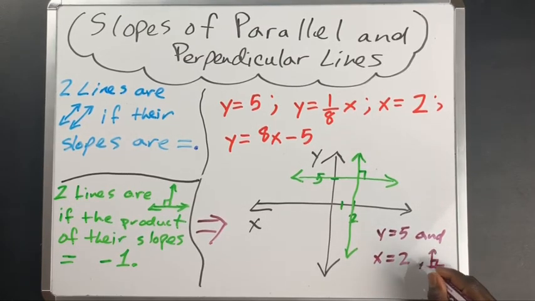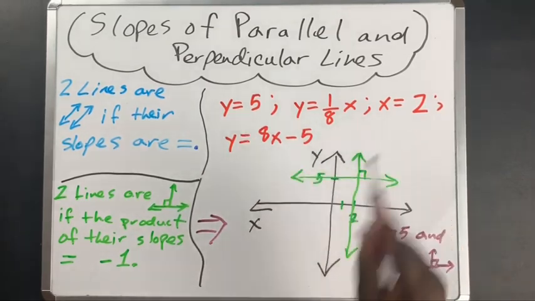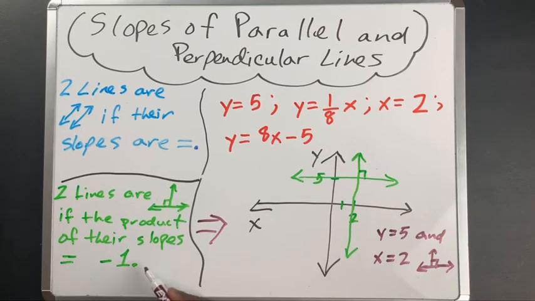We identified two lines that are perpendicular. Now, in this case, the slopes are 0. So the slope method applies when you have a slope, but when you don't have a slope in the equation, you have to graph it, when it says x equals something or y equals something.